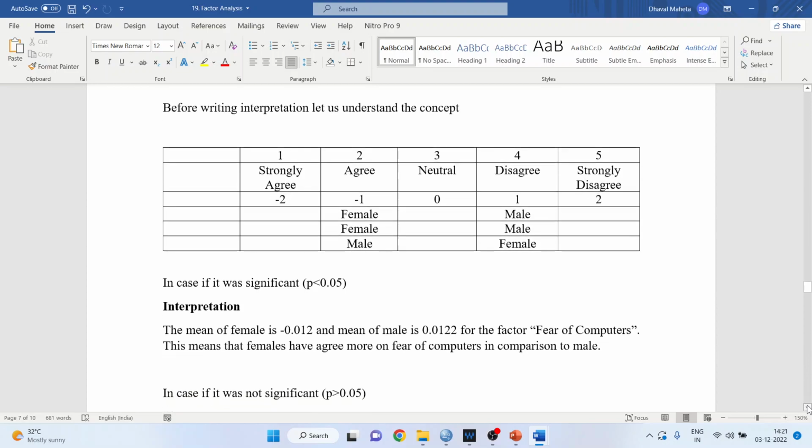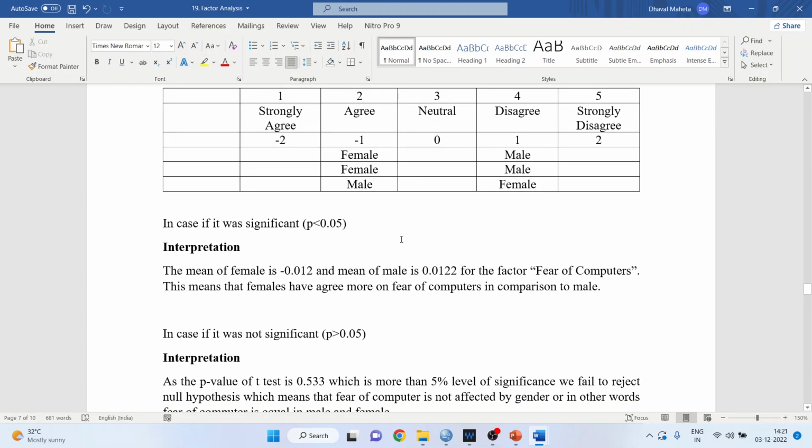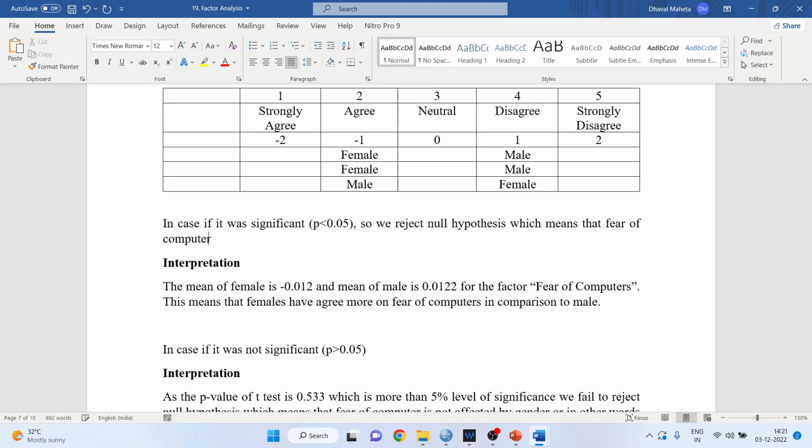So how will I write this? In case the p-value was less than 0.05, we reject the null hypothesis, which means that fear of computer is not equal in male and female.